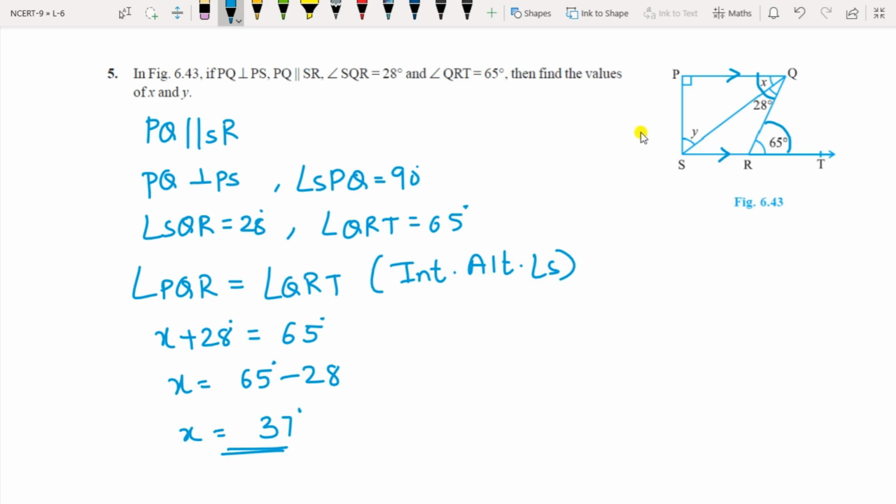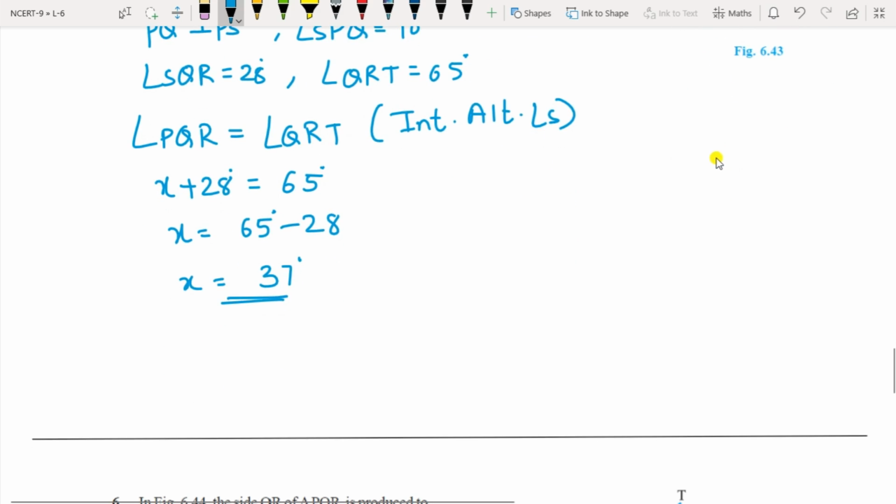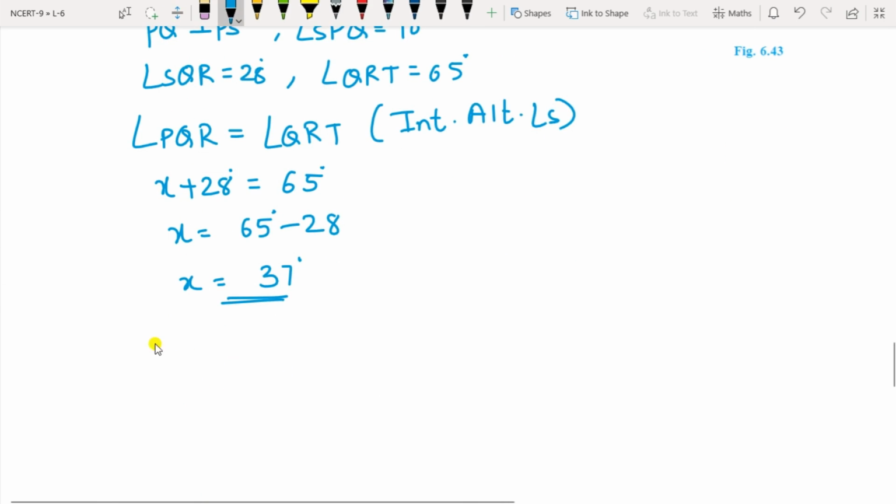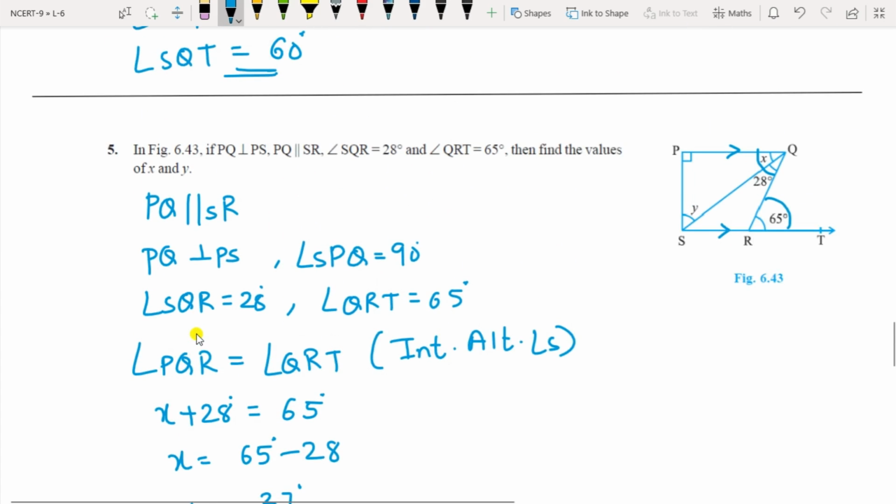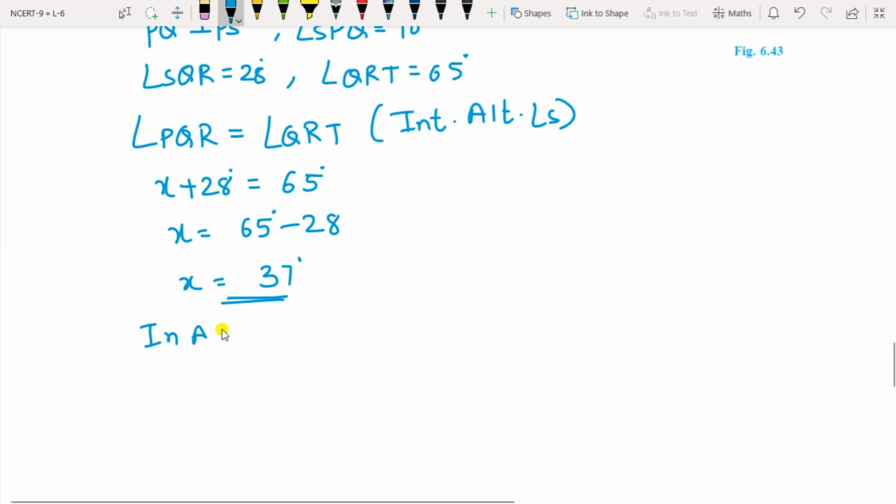Now you need to find Y. Since you know two angles of the triangle, you can find the third angle. So write it here. In triangle SPQ, it is a habit to write on the board.